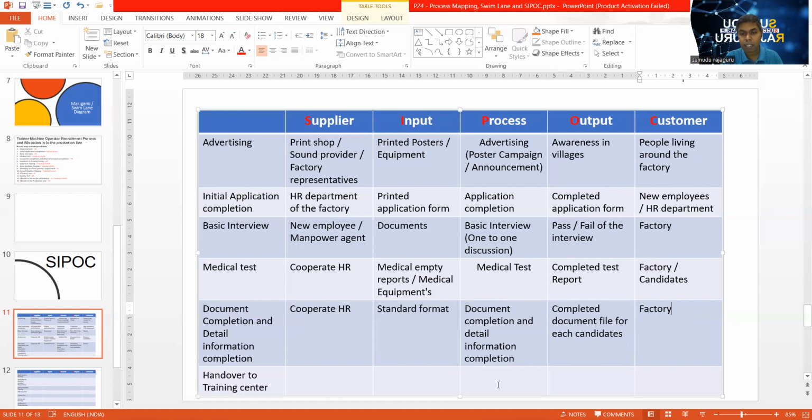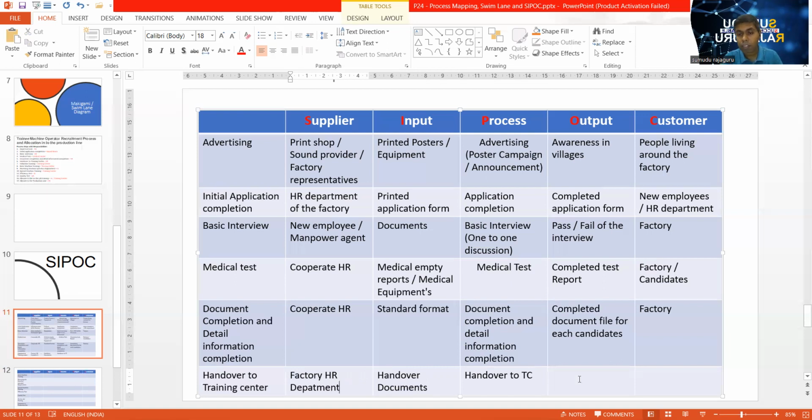The next step is handover to the training center. I just put TC, training center. What are the inputs? Handover documents. Who is the supplier? Factory HR department.